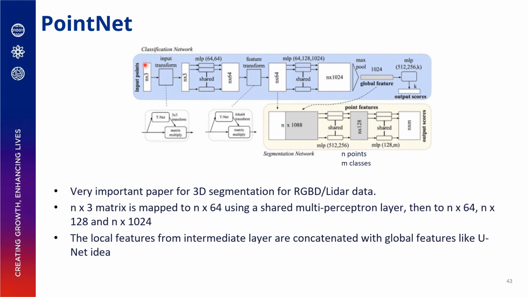For n points, each point has three pieces of information, the 3D location. This is mapped into n by 64 and followed by n by 1024. The local features obtained from here are shared and concatenated with the global features, similar to how the U-Net did its segmentation.